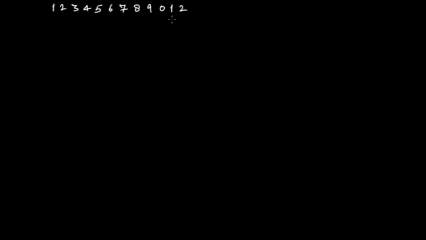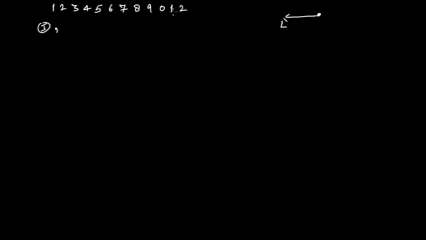So what would be the first step? First step would be to put the comma, to use the comma. And how you would use the comma? Start from the right, and then move towards the left. And after every 3 number, put the comma.